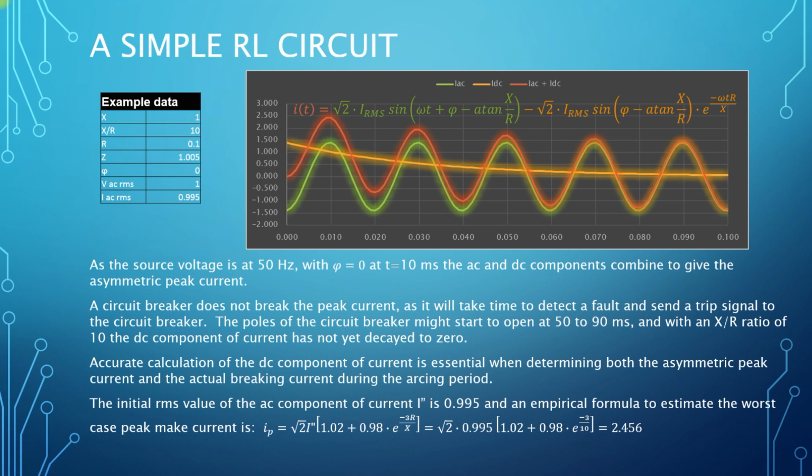Now this is the peak current which the circuit breaker or other equipment has to withstand. But this peak current is not the current which the circuit breaker will have to break, and this is because it takes a certain amount of time for the protection system to pick up, detect a fault and send a trip signal to the circuit breaker.